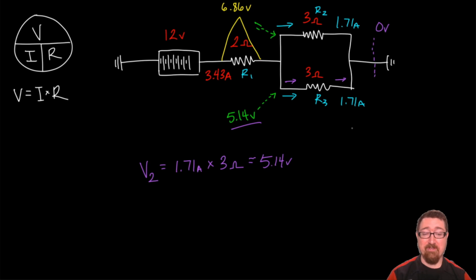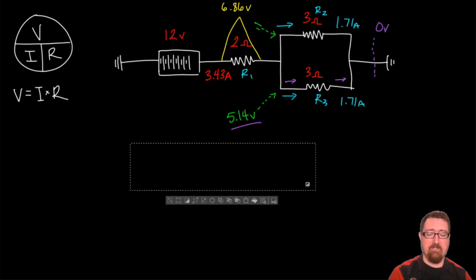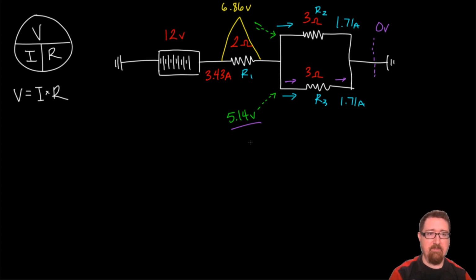Alright, so there's a lot of stuff here in this video. Best thing to do, if you are confused at any point here, is to pause, rewind, and rewatch where we calculated some things out to make a little bit more sense.